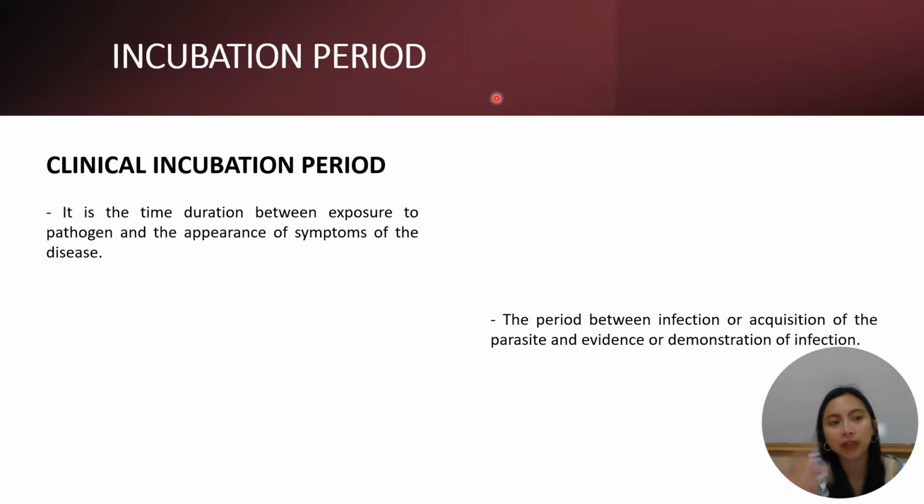There are actually two types of incubation period. One is the clinical incubation period. The definition that I gave a while ago was already for the clinical incubation period. It is the time duration between the exposure to the pathogen and the manifestation or appearance of symptoms of the disease.